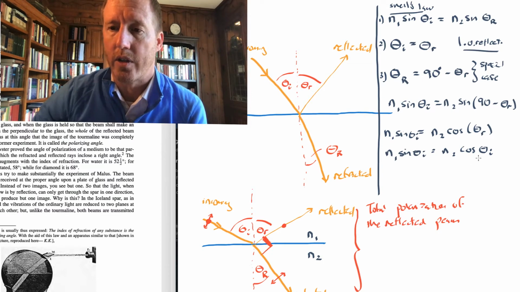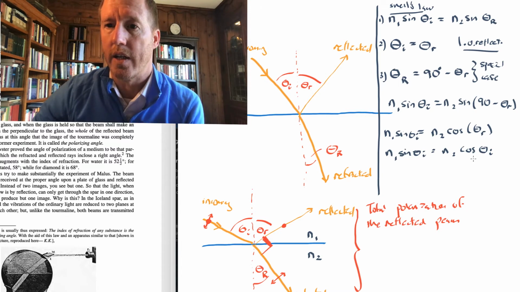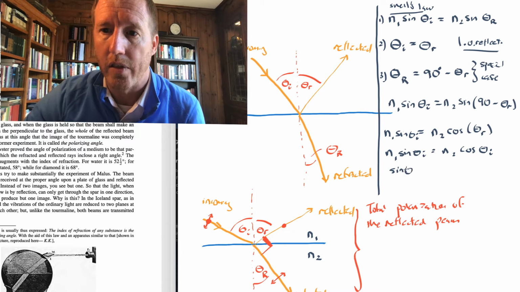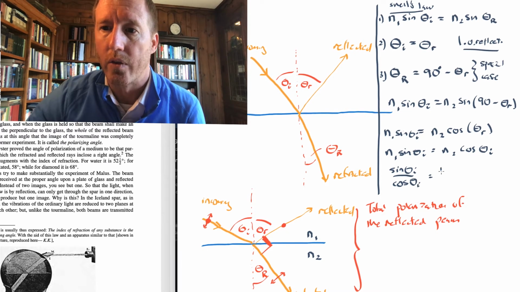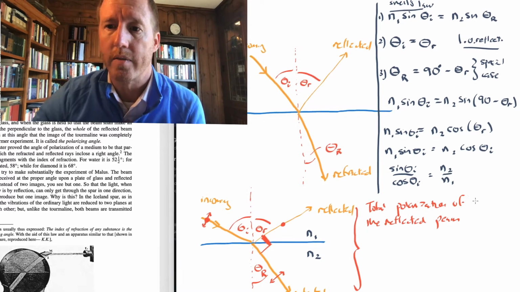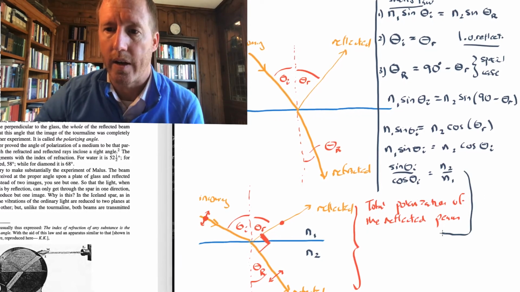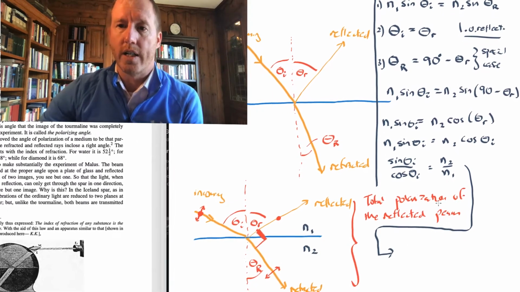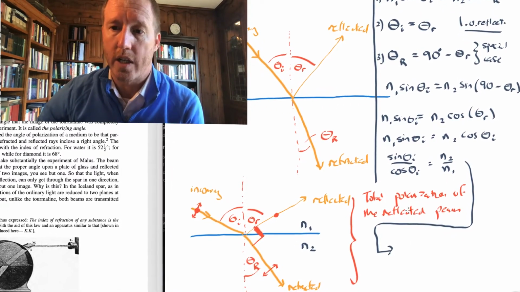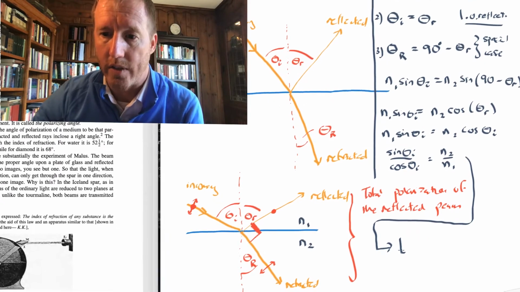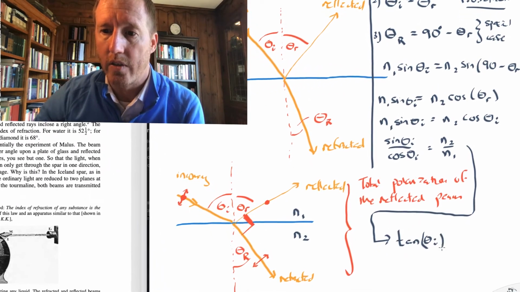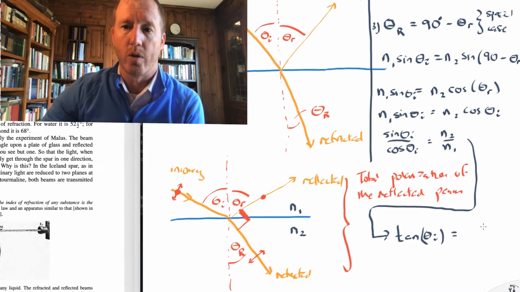So I'm actually going to divide both sides by cosine of theta and divide both sides by n1. And so on the left side, I'll get sine of theta incident over cosine of theta incident equals n2 over n1. And now I'm going to come down here. And notice that the ratio of the sine of an angle to the cosine of an angle, of course, is the tangent of the angle. The tangent of the angle of incidence is equal to the ratio n2 over n1.